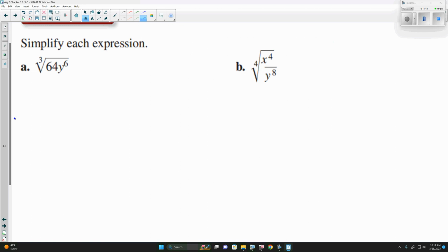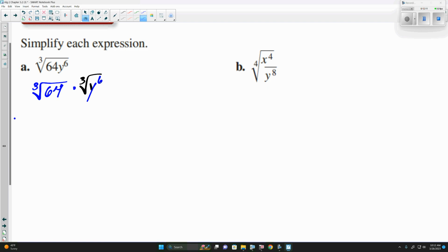So we want to simplify each one of these expressions. Now the first one we have is the cubed root of 64y to the 6th. Now, we can look at this in two parts. We can look at the cubed root of 64 being multiplied by the cubed root of y to the 6th.